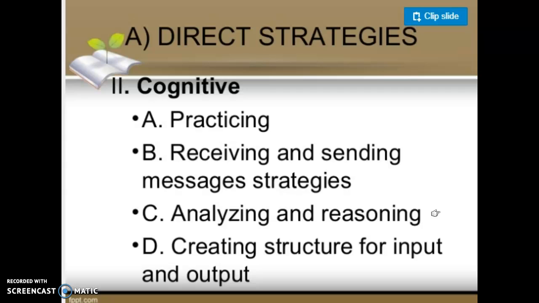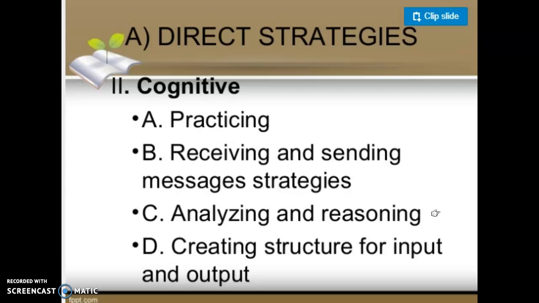Direct strategies for the cognitive aspect are for practicing. Receiving and sending message strategies: receiving by reading, and sending by producing, like writing or speaking.